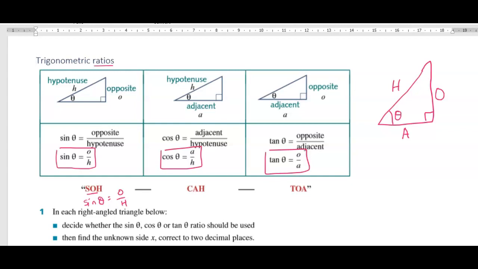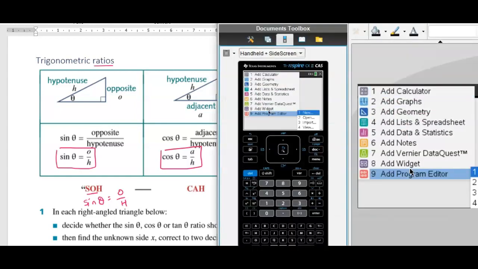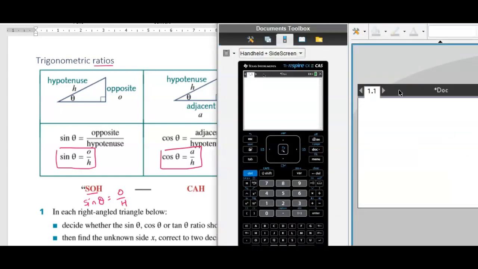Now, the sine, the cos, and the tan are also buttons on your calculator. So you use them normally in trig. Some questions we can do without a calculator, but what we're going to be doing now, we just do on the calculator. So you need to be familiar with the buttons sine, cos, and tan. I don't actually have a little green scientific calculator here, but I'll just show you on a graphics calculator, a CAS calculator.